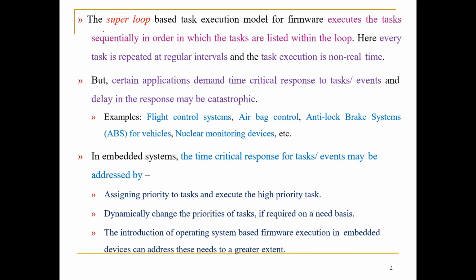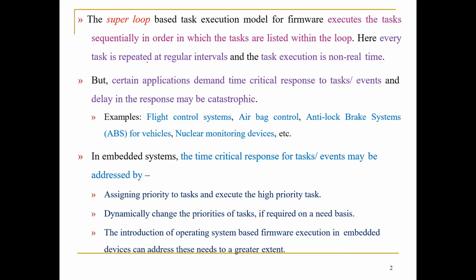In the very final part of module 4, there was a topic called the super loop based task execution model. It is basically software that executes the tasks in a sequential order, in which the tasks are listed within the loop.